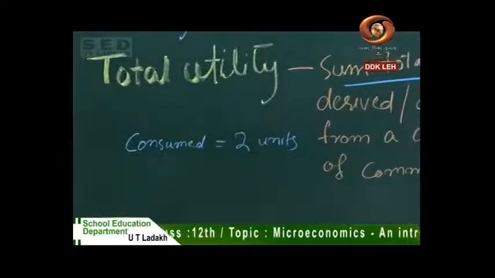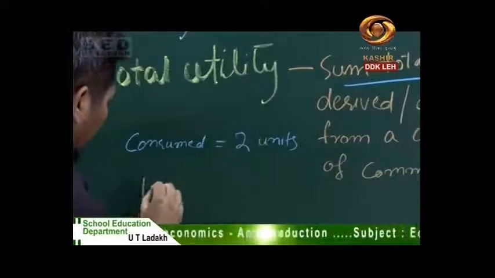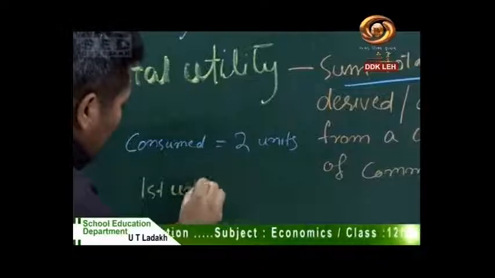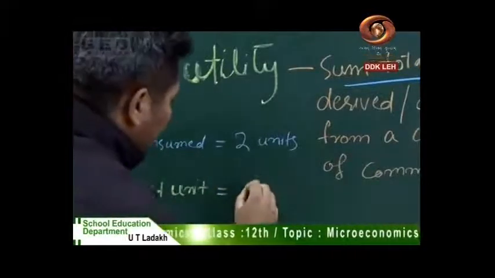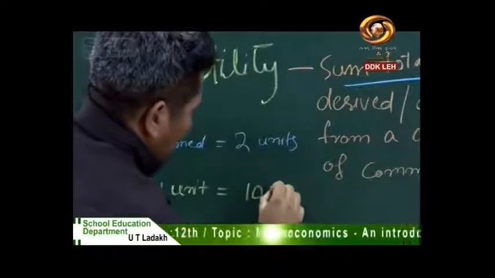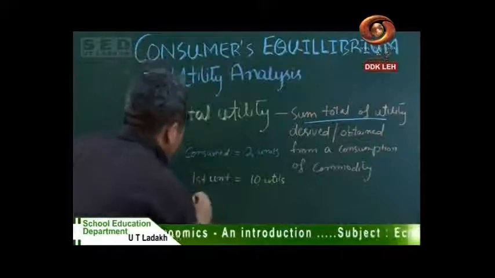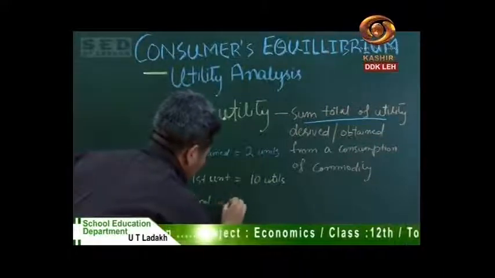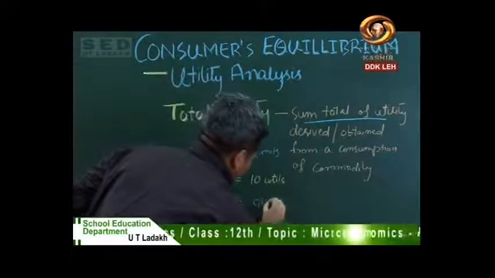Now say from the first unit you get utility of 10 utils, and from the second unit you get 9 utils.